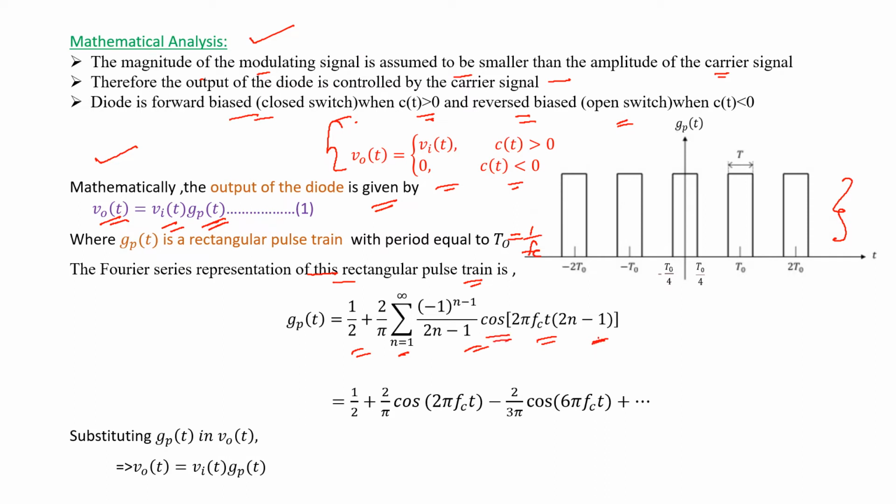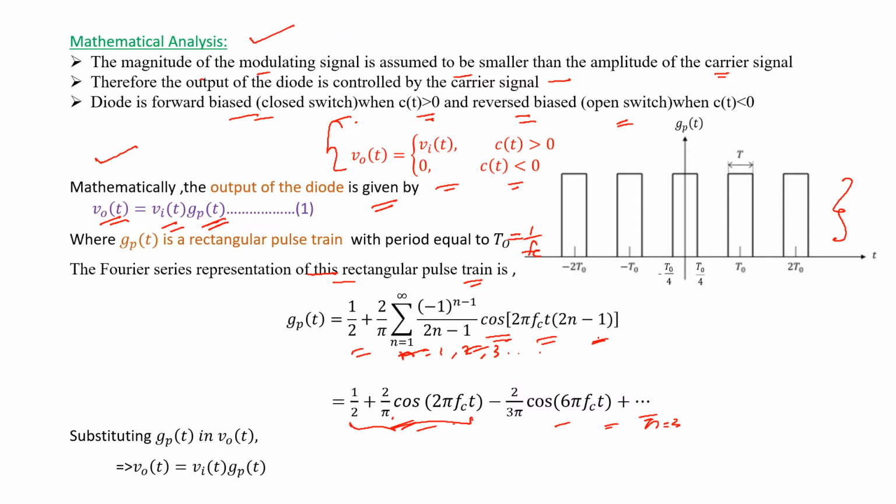If I expand this equation, you can give the value n = 1, 2, 3, etc. I have expanded the formula for n = 1 and n = 2, which gives 1/2 + 2/pi cos 2 pi fc t - 2/(3 pi) cos 6 pi fc t, plus n = 3 and it goes on. Okay, so let us make the analysis short by taking the first two terms.